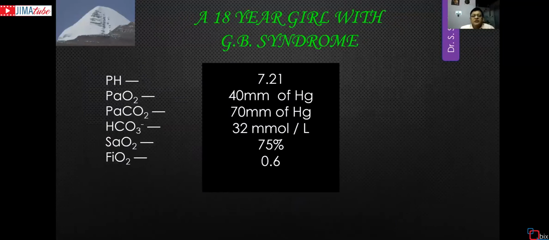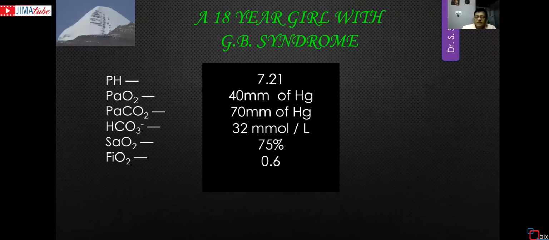An 18-year-old girl with Guillain-Barré syndrome. What do we expect? We expect ventilatory failure. So there is respiratory acidosis, pH 7.21, and the carbon dioxide level is high, 70 millimeter of mercury. So 30 millimeter more than normal. And bicarbonate is 32.